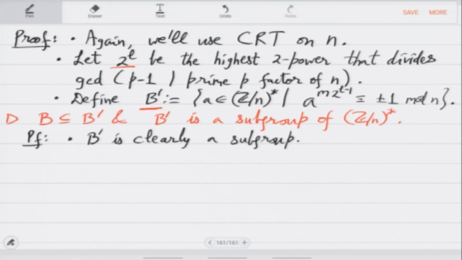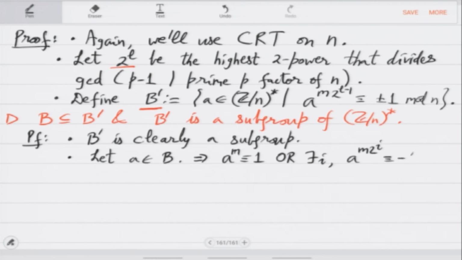That is not the problem. Problem is why is B contained in B prime? So let A be in B, which means that either A raised to m is 1, or there exists an I such that A raised to m 2 raised to I is minus 1.